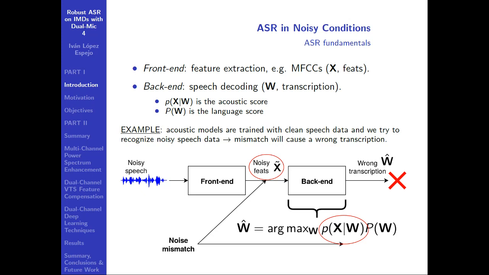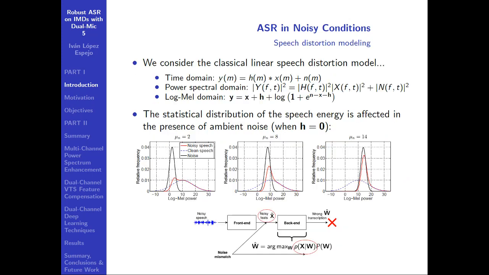So, returning to the noise mismatch problem, let us suppose that we have a speech recognition system intended to operate in a noisy environment, and to train this system only clean speech data were available. So because acoustic models are trained with clean speech data and we try to recognize noisy speech data, the most likely thing is that mismatch causes a wrong transcription. So how to solve this problem?